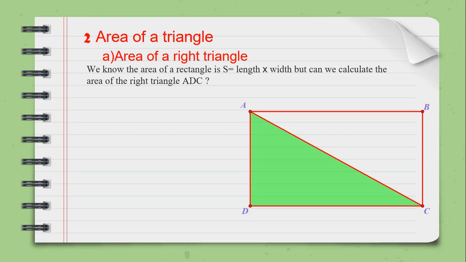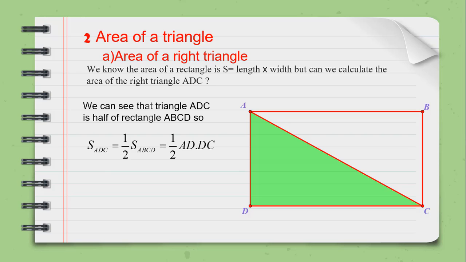Notice how this triangle is half of the rectangle ABCD, so its area is also half. So the area of triangle ADC is equal to 1/2 of AD times DC.